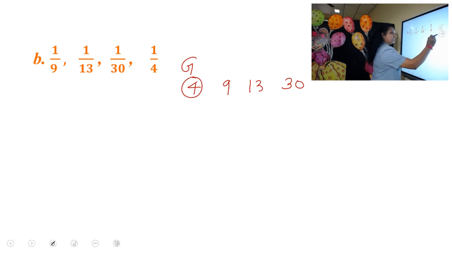When we write the counting numbers, 4 is the smallest, but when we write them as fractions and the number comes as the denominator, this 4 is the greatest.